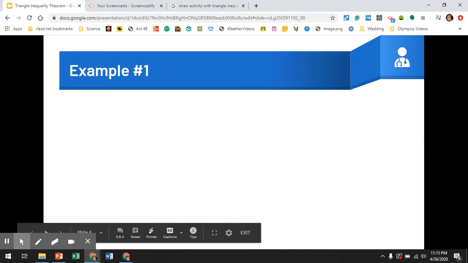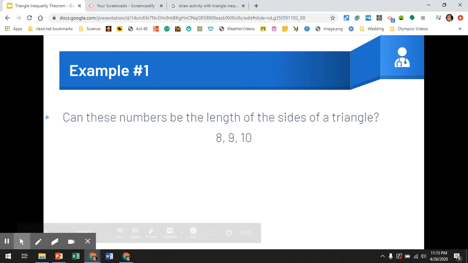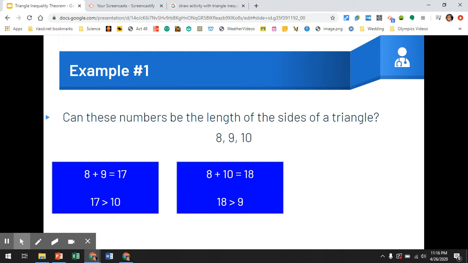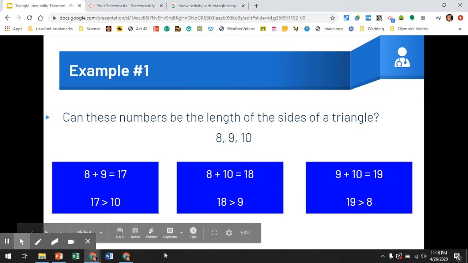So for example number 1 together here, can these numbers be the length of the sides of a triangle? So we have 8, 9, and 10. We're going to look at 3 different equations: 8 plus 9 equals 17, 8 plus 10 equals 18, and 9 plus 10 equals 19.